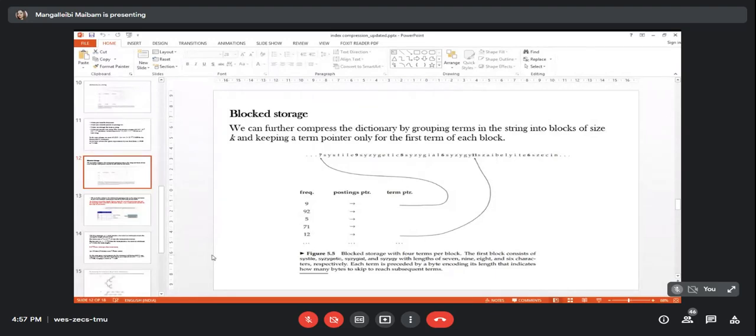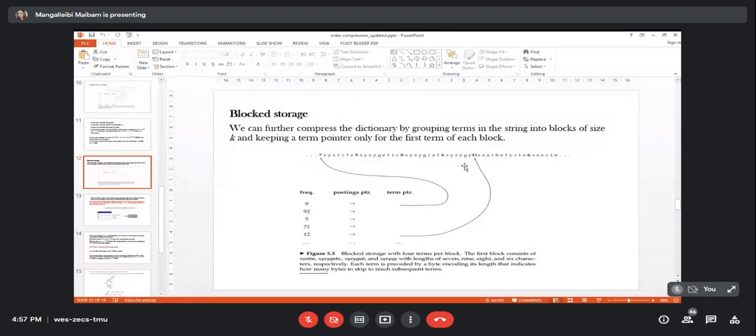We are going to group the terms in the string into blocks of size k, and we are going to use the pointer only for the first term of each block.